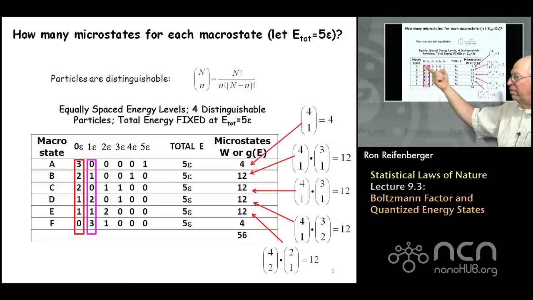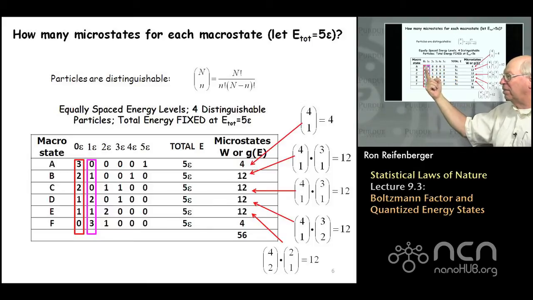And so what I list is, I list the macrostates labeled A through F. I list the occupation of particles in each energy level. So let's focus on state A, 3 particles in 0 energy level, 1 particle in energy level 5. And then I ask, how many different ways is it possible to achieve this state?